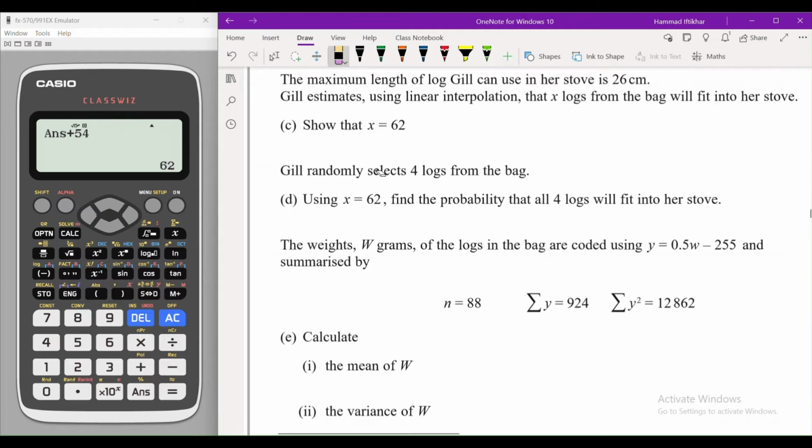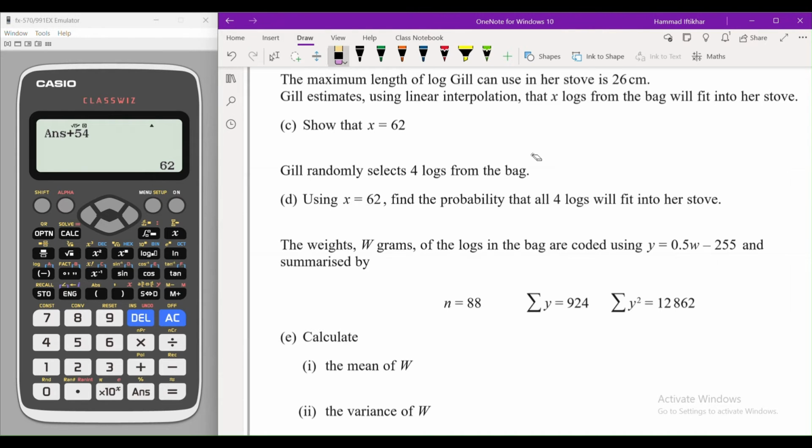Gill randomly selects 4 logs from the bag. Using x is equal to 62, find the probability that all 4 logs will fit into her stove. So the maximum that she can fit in her stove is 62.